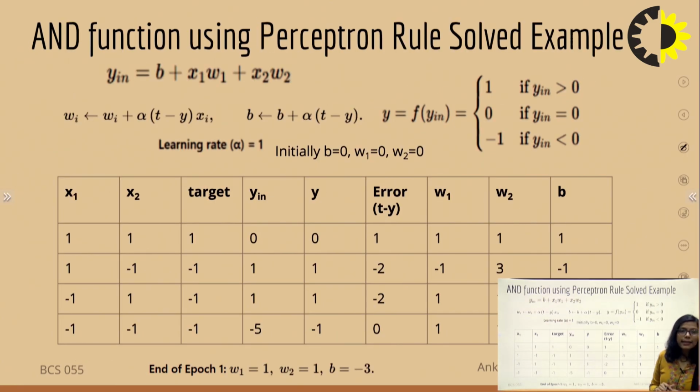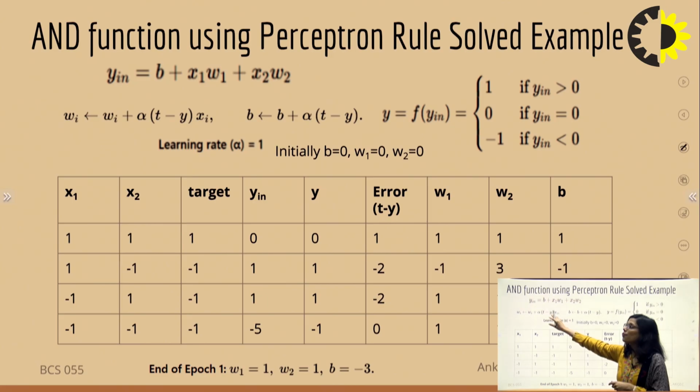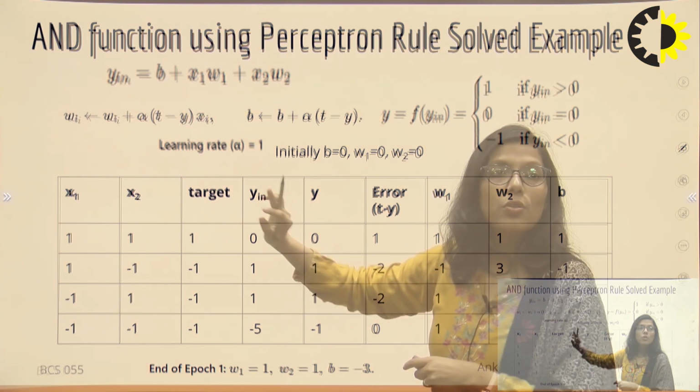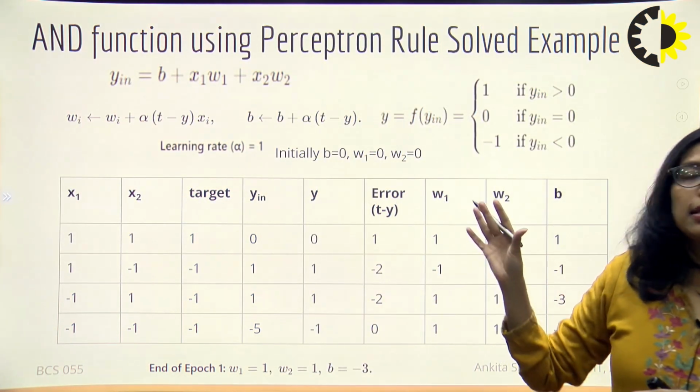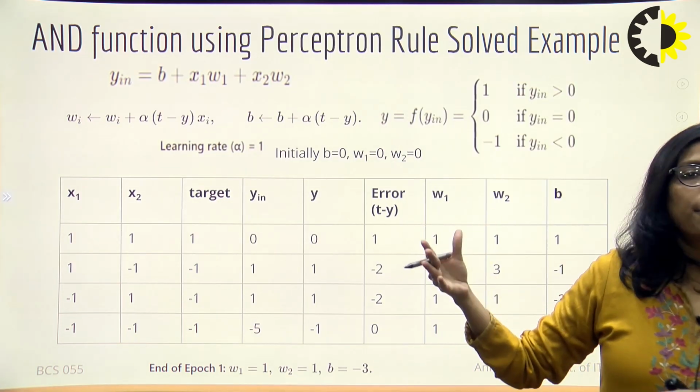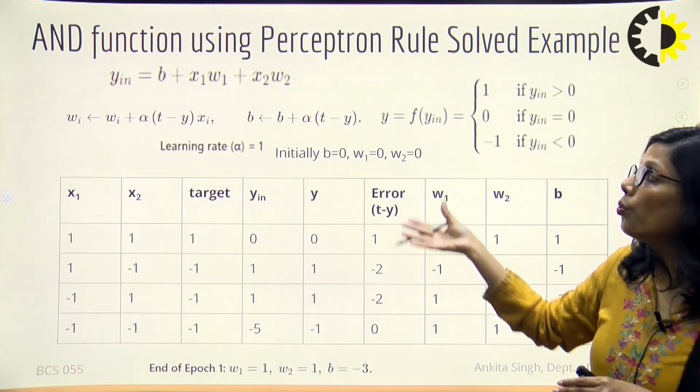So we will take an example. Suppose this is my formula, weighted sum plus B. This is the value of my activation function, and this is the formula of my weight update rules. Now I am training my network for the AND function.